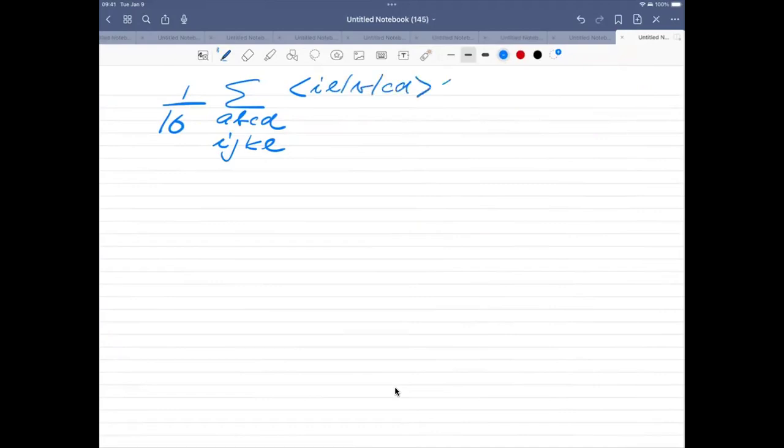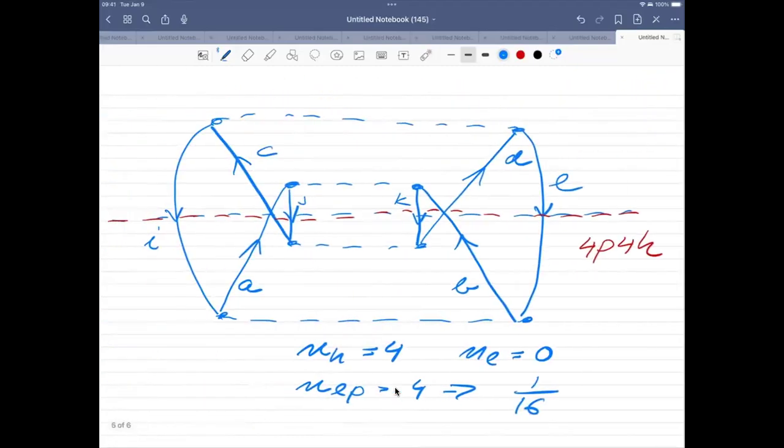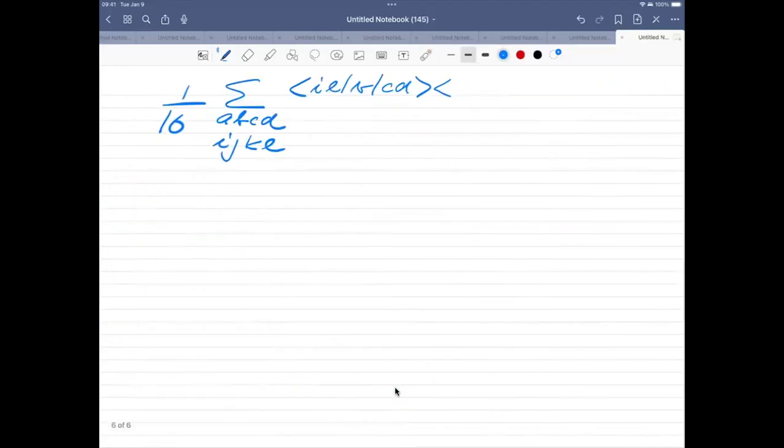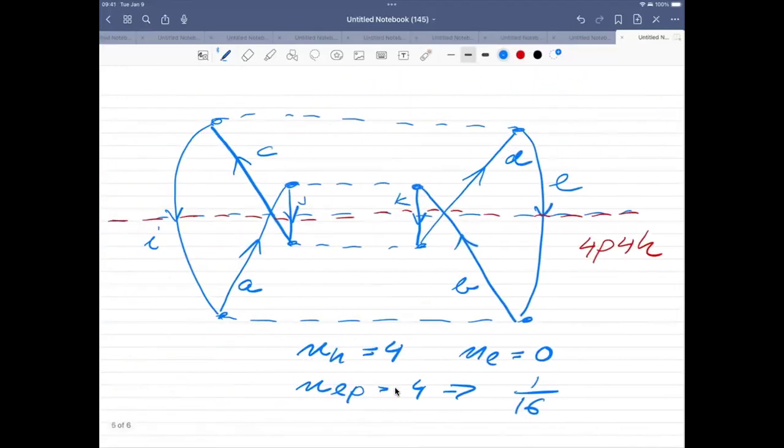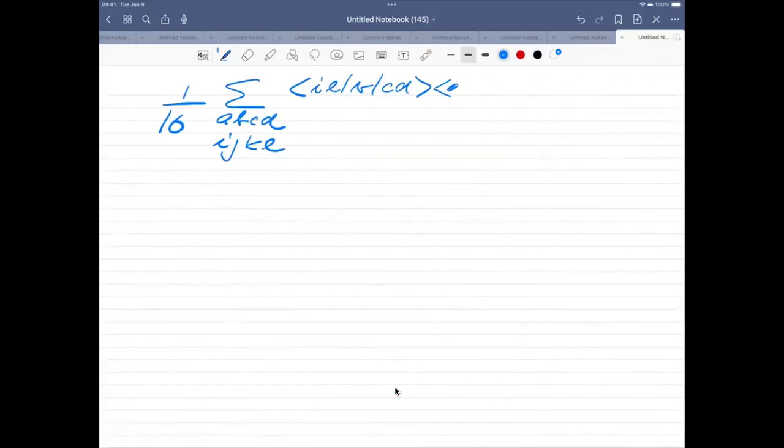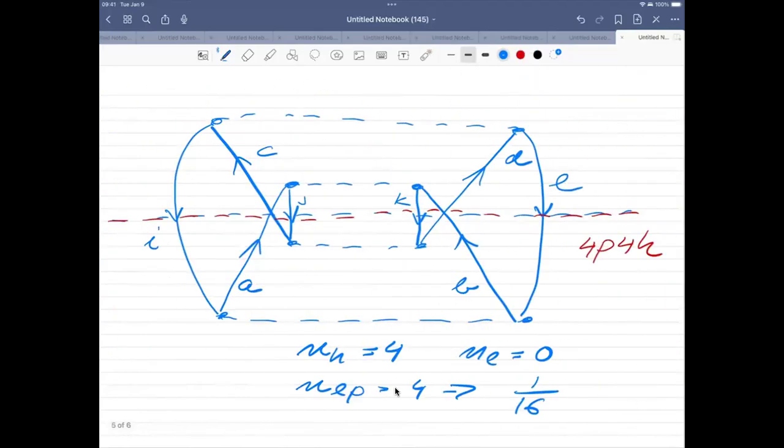So let's now look at the second interaction vertex. In that case, we have 2 outgoing hole states, J and K, and we have 2 incoming particle states, A and B. So that means that this specific term gives us J and K, and V, and A and B. And then we look at the third interaction vertex.